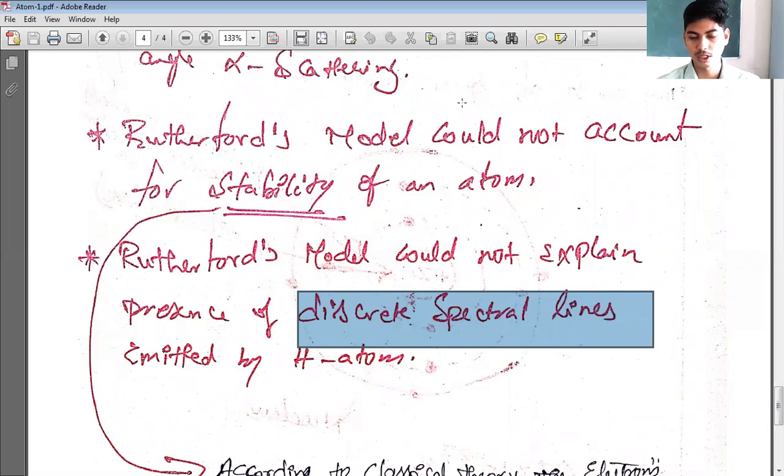It does not explain why a hydrogen atom emits discrete spectral lines. According to Rutherford, a continuous spectrum should come, and I will explain that tomorrow. But in the experiment we see a discrete spectrum. Rutherford could not explain this. So that was a failure of Rutherford's atom model.